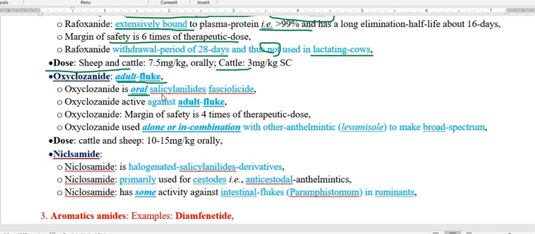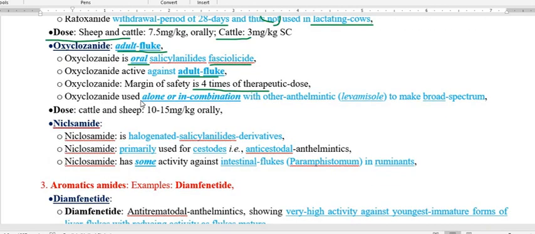So oxyclozanide is a fasciolicide acting against the adult fluke. Therapeutic efficacy is about 4 times the therapeutic dose, and oxyclozanide should be used alone or in combination with other anthelmintics like levamisole, and it is broad spectrum. When we combine, usually it becomes broad spectrum. Now the dose of oxyclozanide in cattle and sheep is 10 to 15 mg per kg orally. So this is about the dose of oxyclozanide.